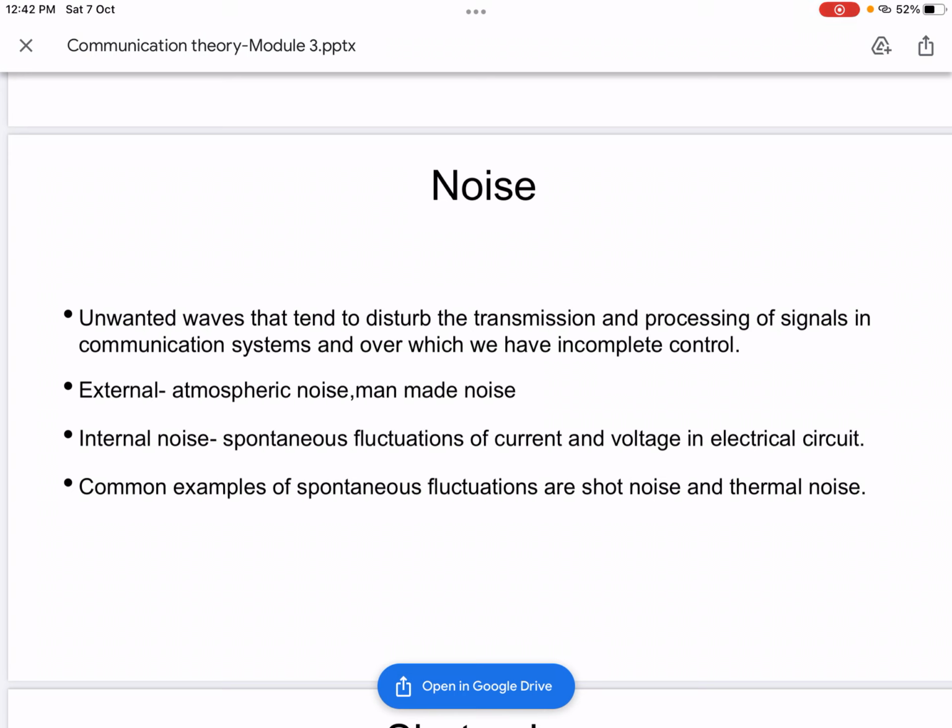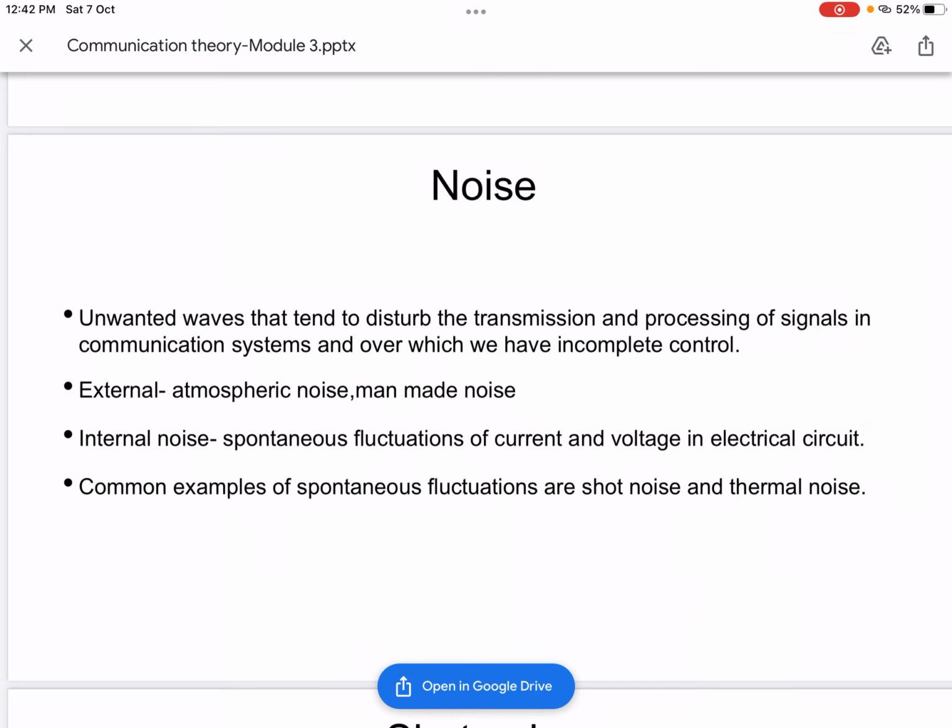The second category, internal to the system, involves an important type of noise that arises from the spontaneous fluctuation of current or voltage in electrical circuits. This type of noise represents a basic limitation on the transmission or detection of signals in communication systems involving the use of electronic devices.